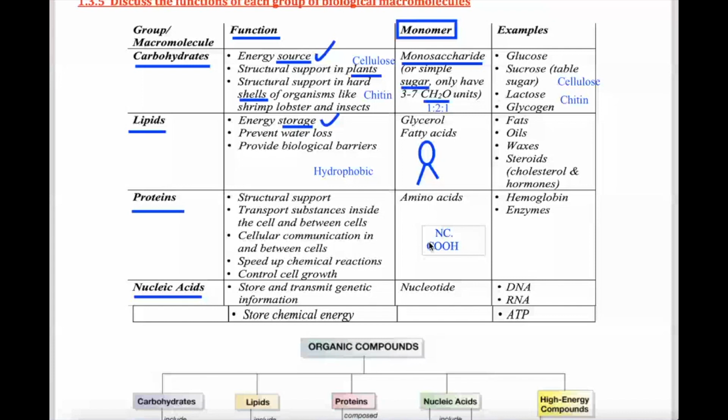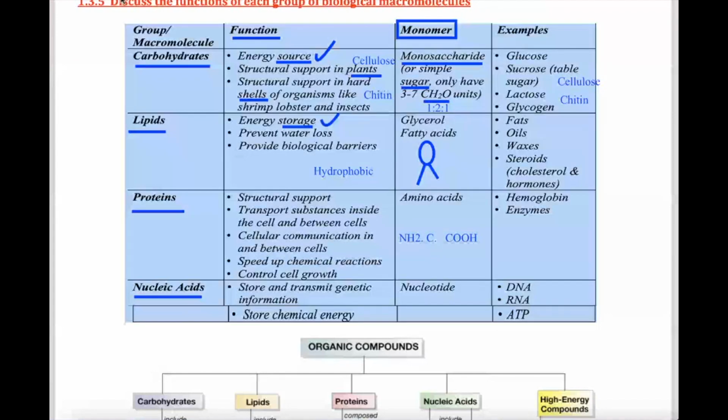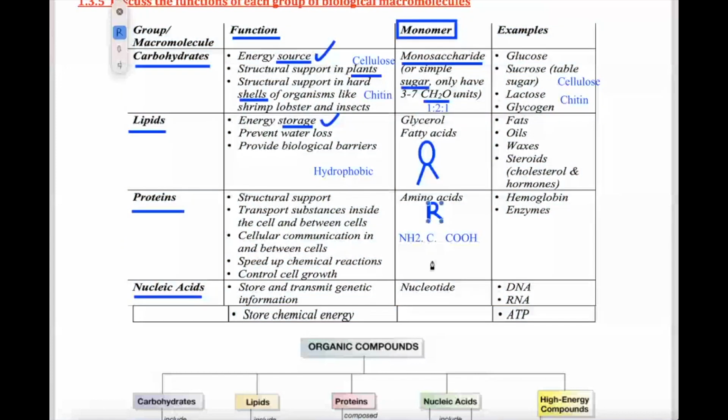This is how the formula looks. Then you have studied that there is R on one side, and there is H on the other side. So you see that this is the formula of the amino acids.